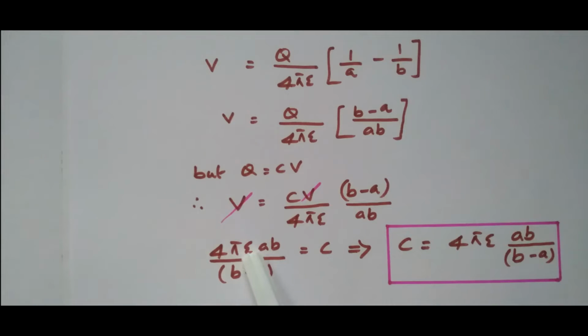So 4 pi epsilon divided by (b minus a) divided by ab goes to the numerator: 4 pi epsilon ab divided by b minus a equals C. So C equal to 4 pi epsilon ab divided by b minus a. This is the expression for a spherical capacitor with radii a and b.